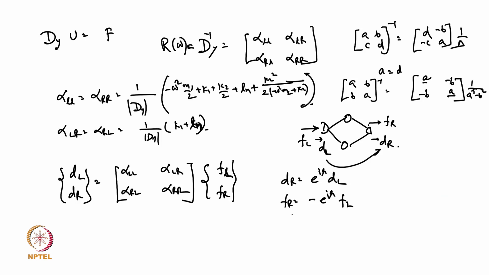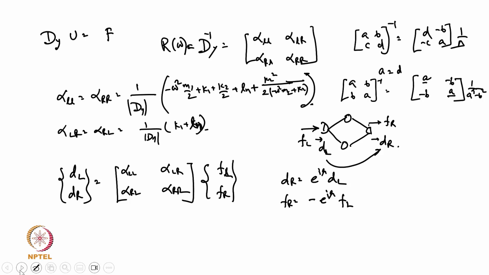You recall why Fr has a minus sign: for displacement, continuity is maintained, whereas for force, the force needs to be balanced. So we will have that negative sign here.